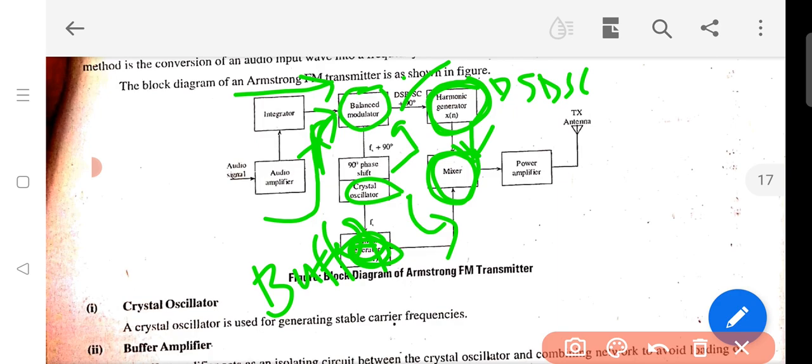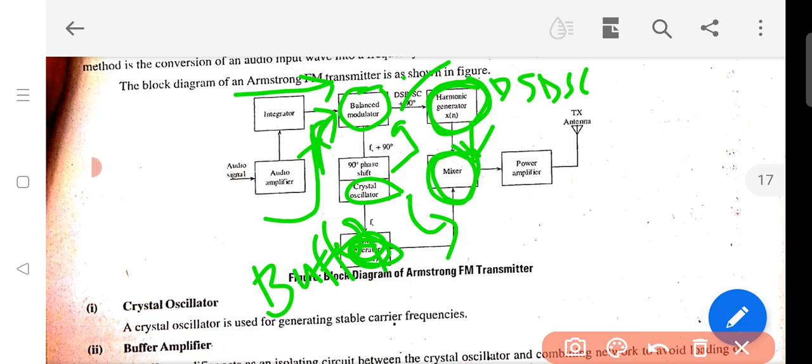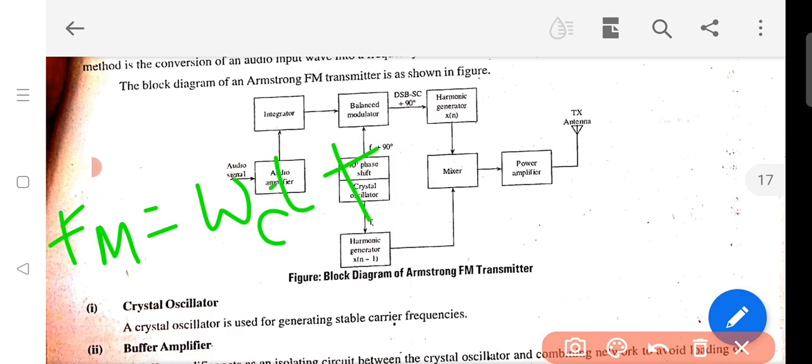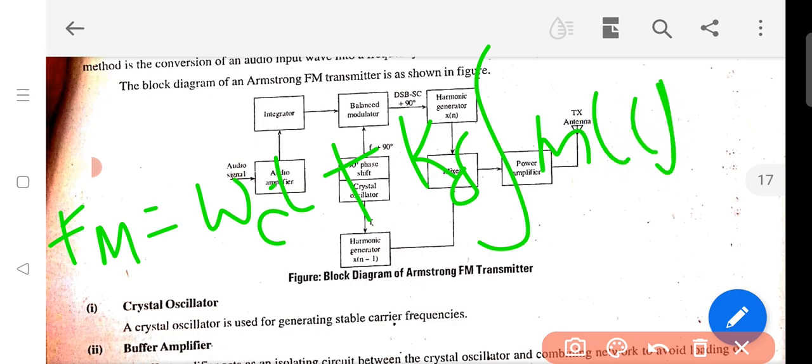I will write it here again for your better understanding: FM of t equals the carrier plus the integral over the message signal, including the phase sensitivity, that is, cos of omega ct plus kf integral of m of t.